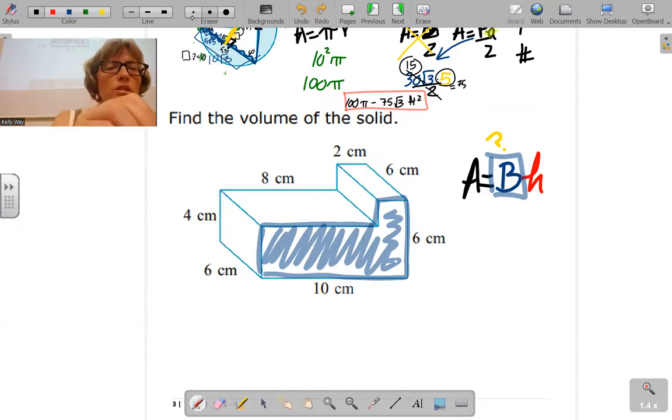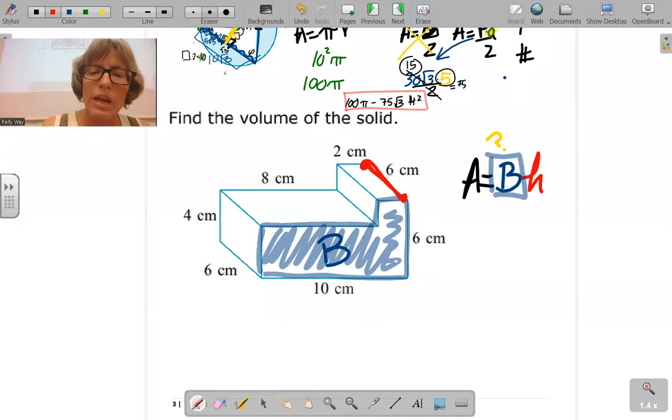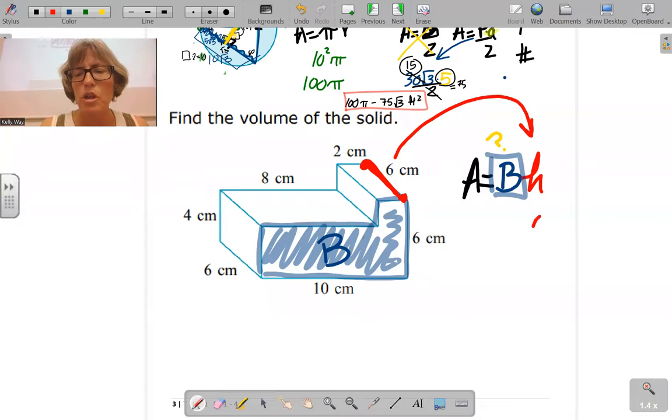So this, using my method, is going to be your B. And then height is distance between the, so if the front and back L's are the bases, your height is distance between the bases. So using this method, my height is going to be 6.